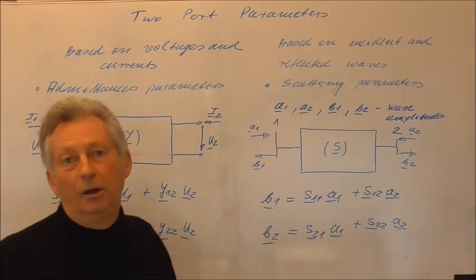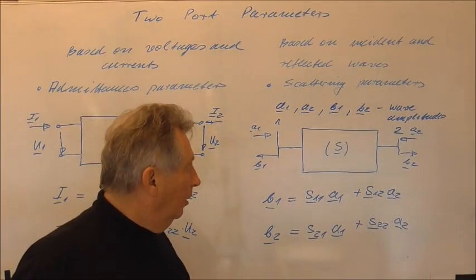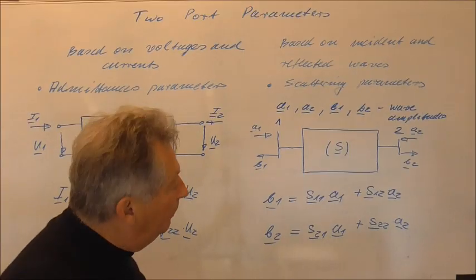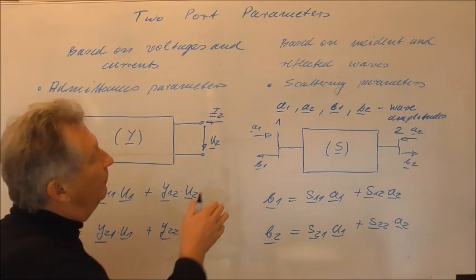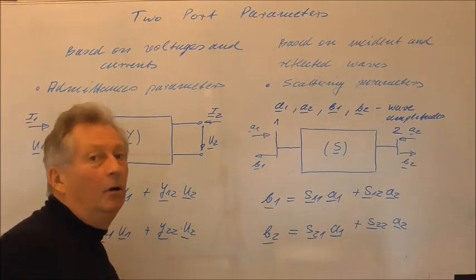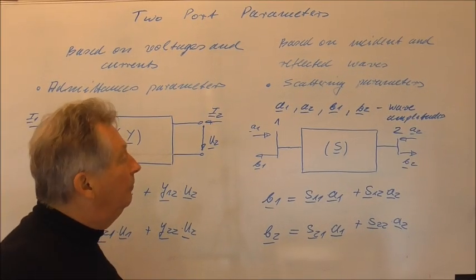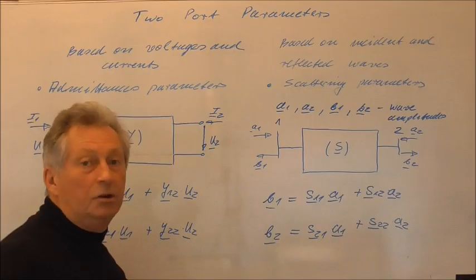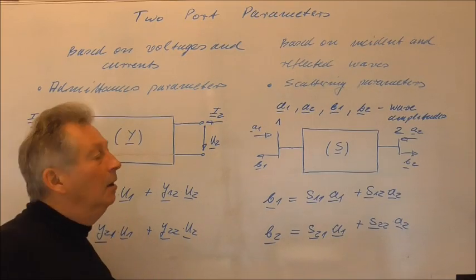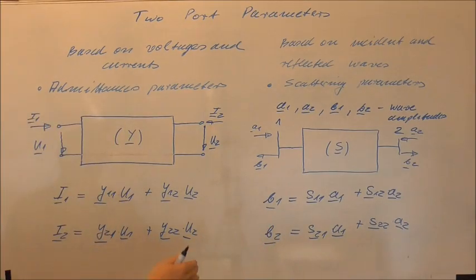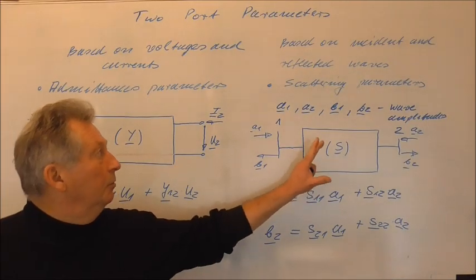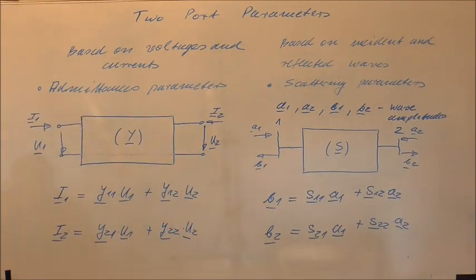But waves also exist, for example, in a rectangular waveguide or other waveguides. So with the help of the scattering parameters, we can also describe systems where we cannot define voltages and current, but we only can define waves. So in the next step I will discuss a little bit more in detail the admittance parameters, and then we will go over to the scattering parameters.